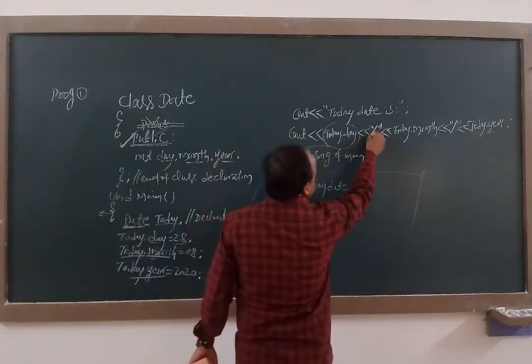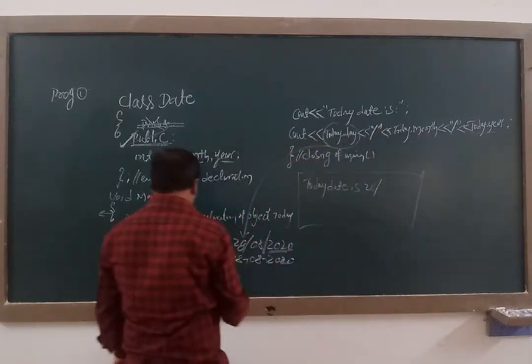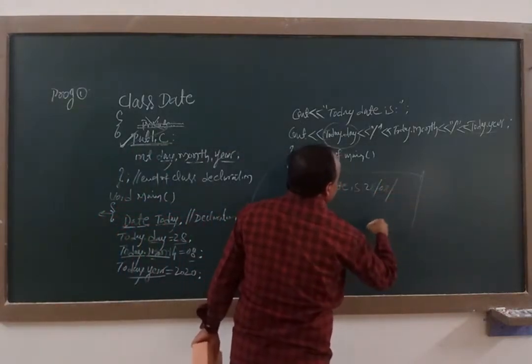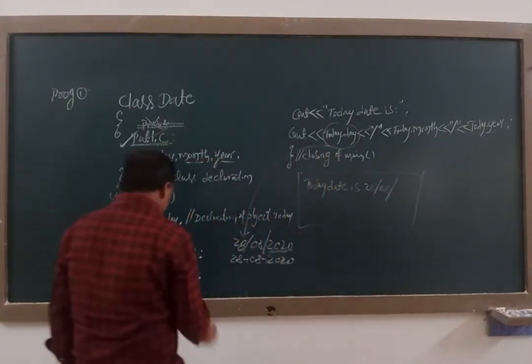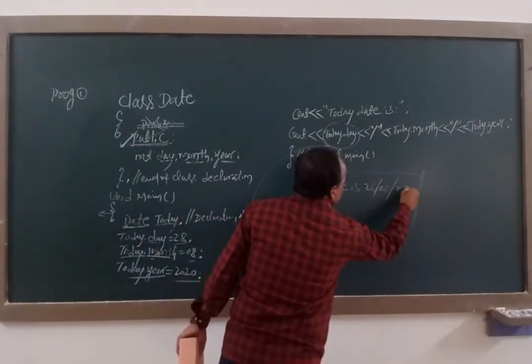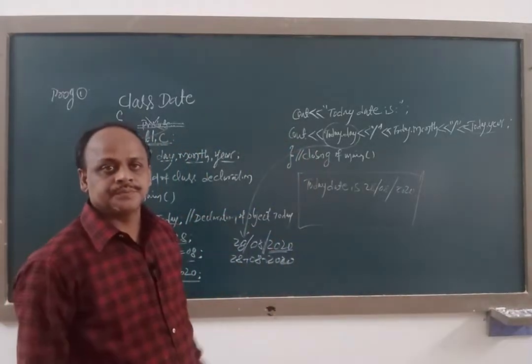Next, a slash in double quotation marks, then today.month, which means 08, then slash, today.year, which contains 2020. Like this we get the result. Right?